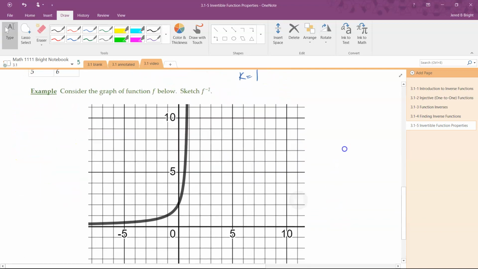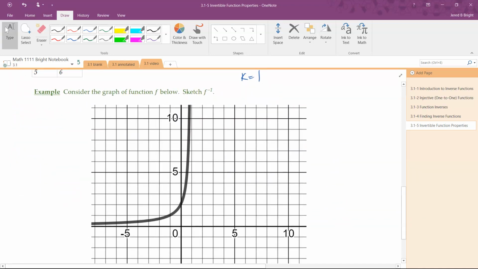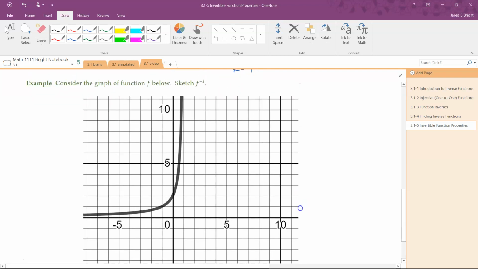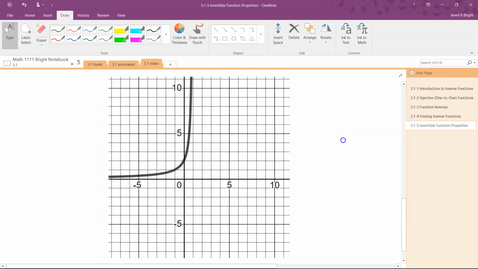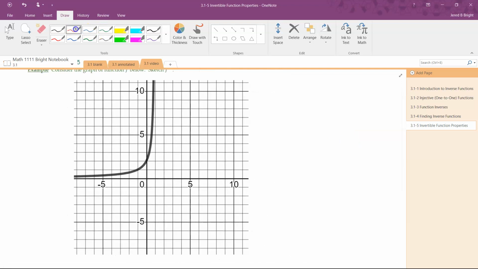Now this one is more of a canonical example, something that's repeated over and over and over. We want to be able to sketch f inverse from this. What we know is that for inverse functions, they're symmetric about the line y equals x. I'm going to try and draw that as carefully as I can here. Well, you get the point. So here's the line y equals x.